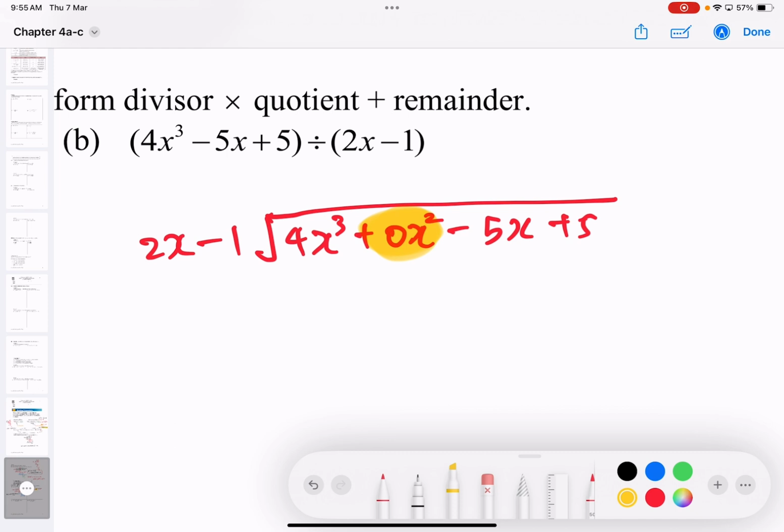If you did not put it in, most likely your working will be wrong. You can, but you might make mistakes, especially when it's too confusing and too long. Your main problem is careless mistakes.